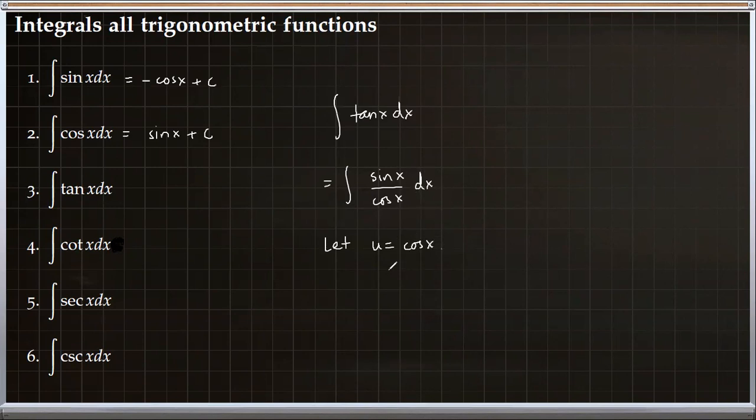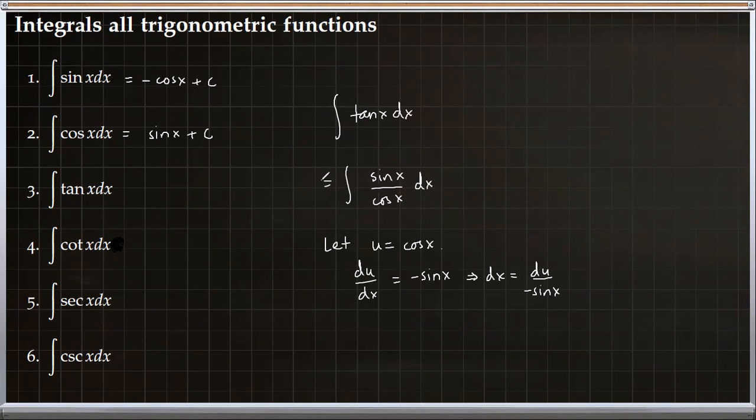Now we want to express dx in terms of du. So for that, we'll have to find the derivative du over dx. So this becomes negative sine x, which implies dx is simply du over negative sine x.